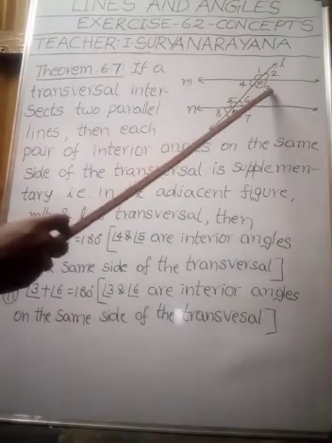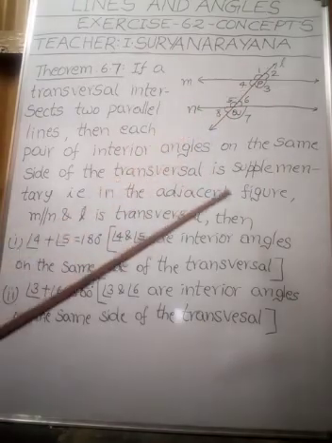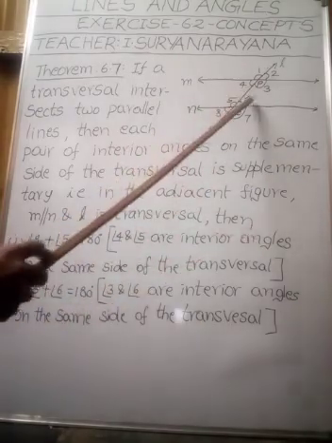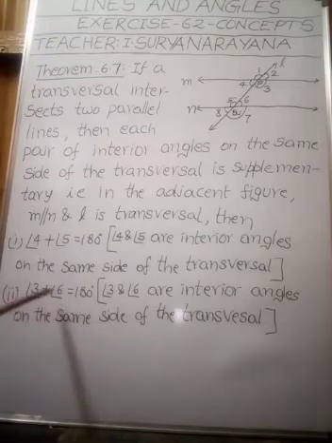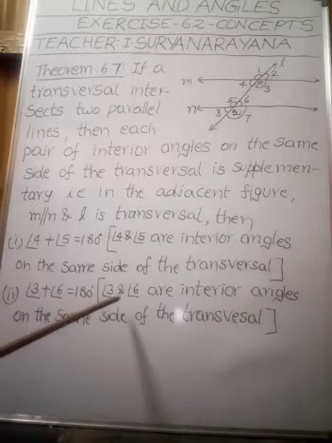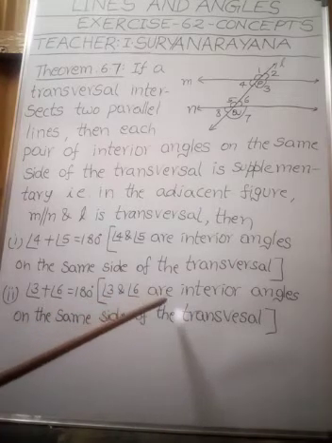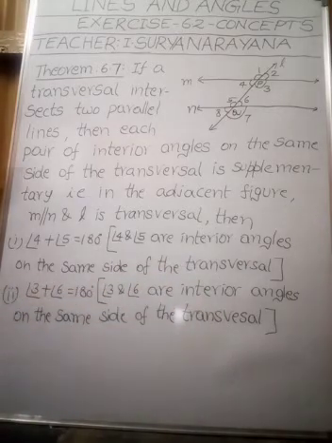Similarly, angle 3 plus angle 6. These two are also interior angles on the same side of the transversal. Therefore, the sum of these two angles, angle 3 plus angle 6, is equal to 180 degrees, because angle 3 and angle 6 are interior angles on the same side of the transversal.